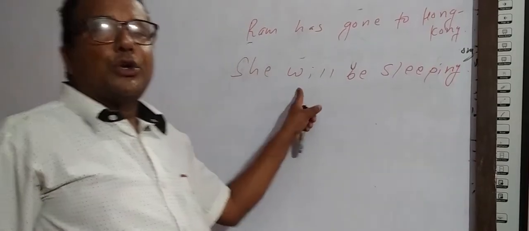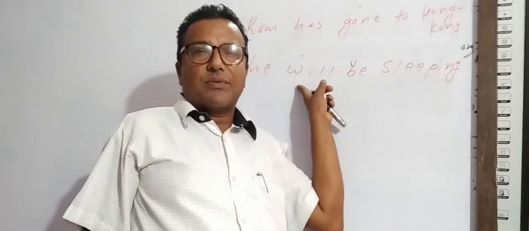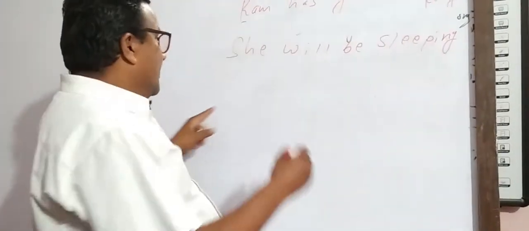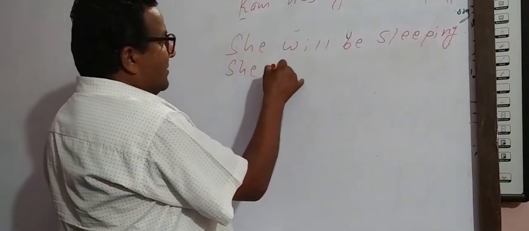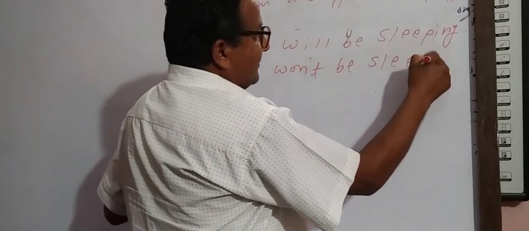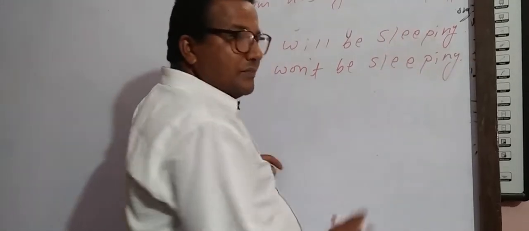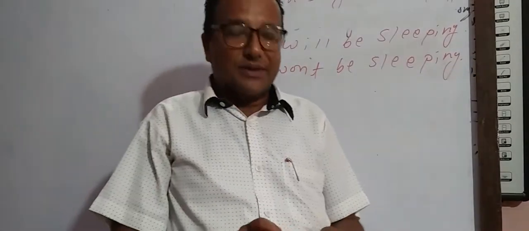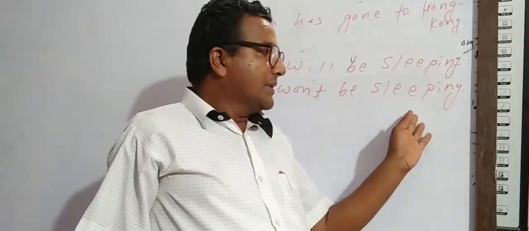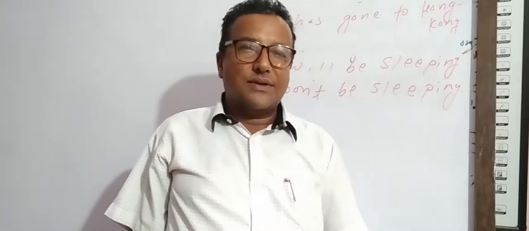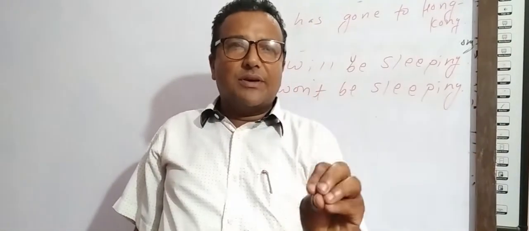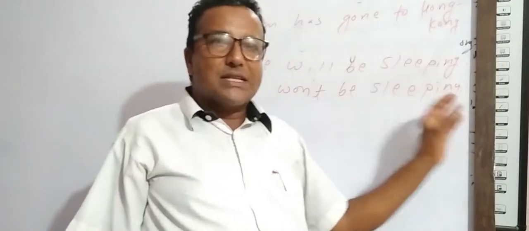There are two auxiliary verbs, so not is used after will. She won't be sleeping. Won't means will not. These are the two rules for the structure of the tenses.